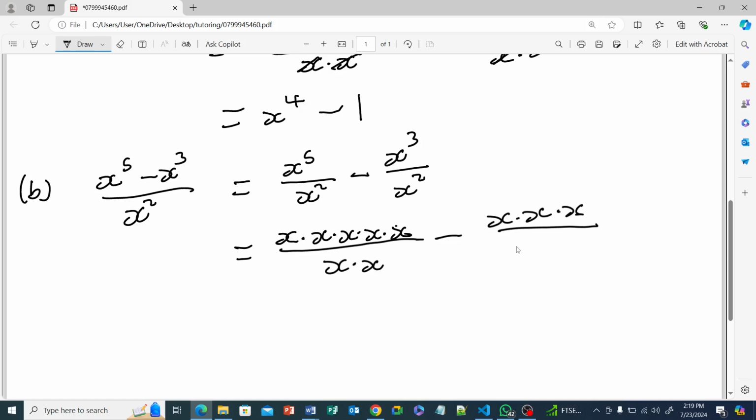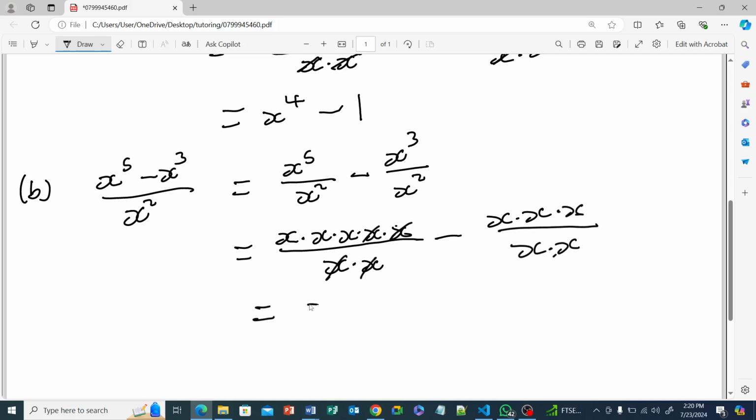So this x will divide that x out. We are left with x multiplied by itself 3 times, so it's x cubed, minus, and the x's cancel, so we are left with x. And this will be the simplified value of that expression.